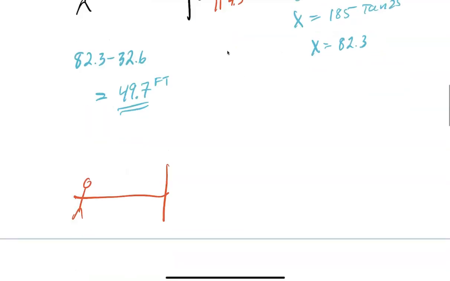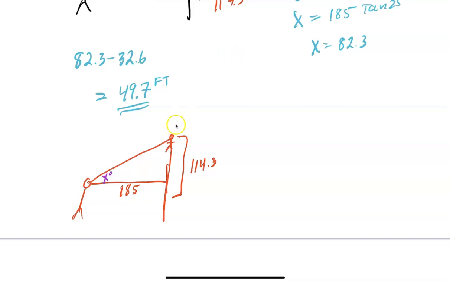So that's how high she is in the picture now. She's about 114.3. We're trying to figure out his eyesight. This is still 185, but we don't know what this angle is.